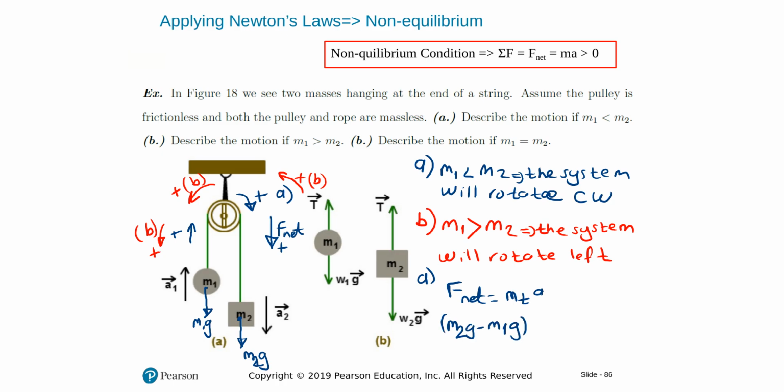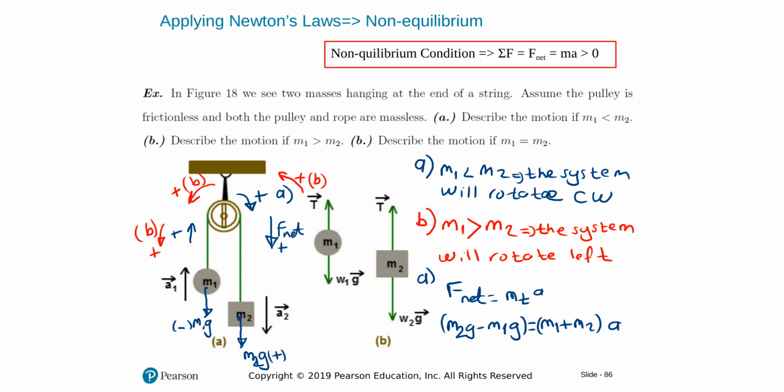Because we took this to be positive over here, M1 is against that, so it will be negative. This guy will be negative, this guy will be positive, and we'll have positive force minus negative force. We are adding vectors, right? And that will be equal to the total mass. That's an important thing. M1 plus M2 times A. And then we'll solve for A from here.